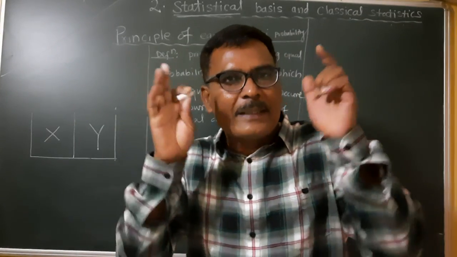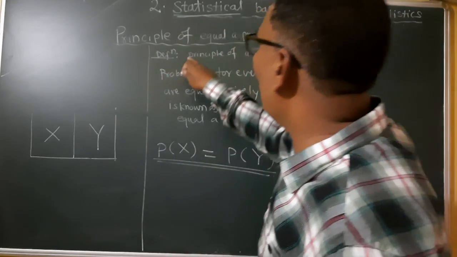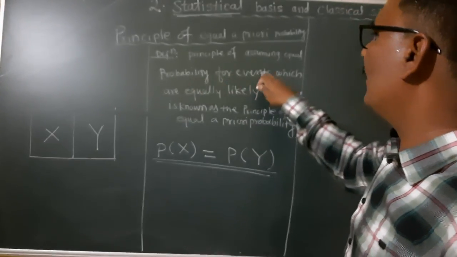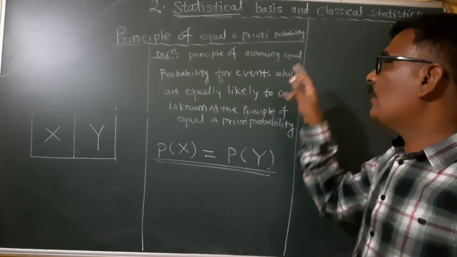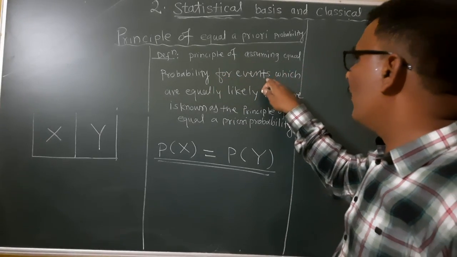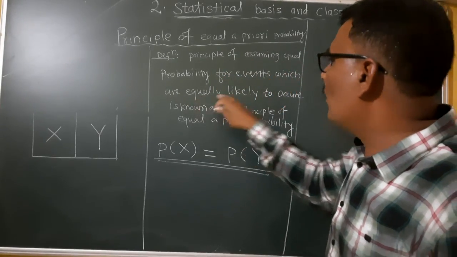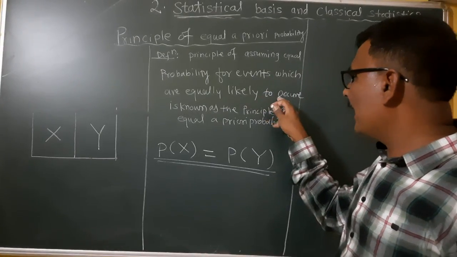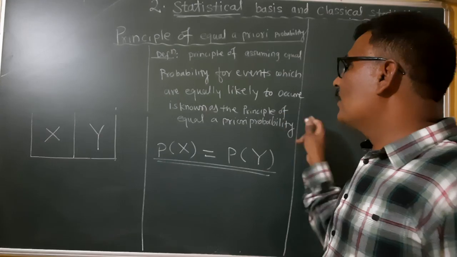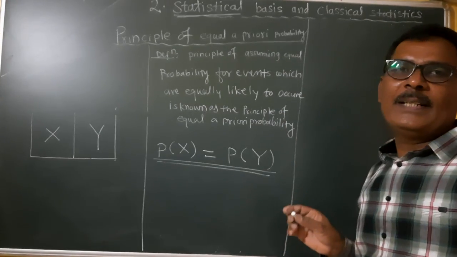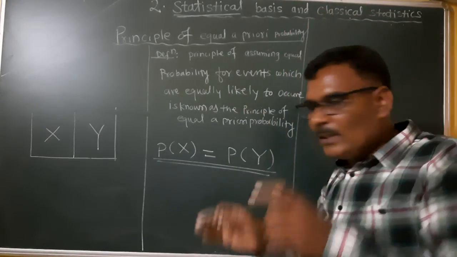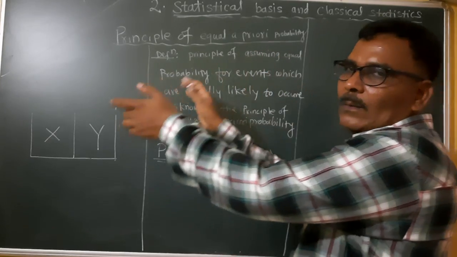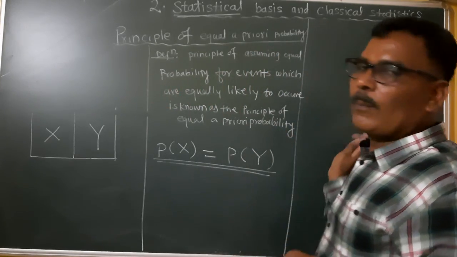From this explanation, we define this principle of assuming equal probability for events which are equally likely to occur as the principle of equal probability. Means a particle falling in compartment X or falling into compartment Y has equal probability.